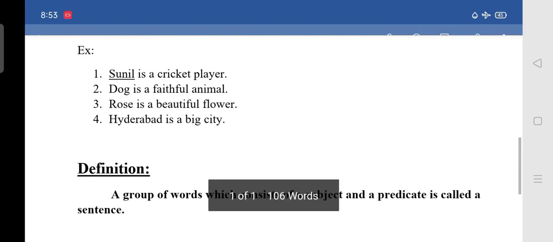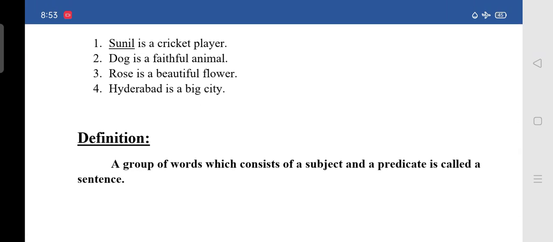Finally I want to give you the definition of a sentence. What is the definition of a sentence? A group of words which consists of a subject and a predicate is called a sentence.